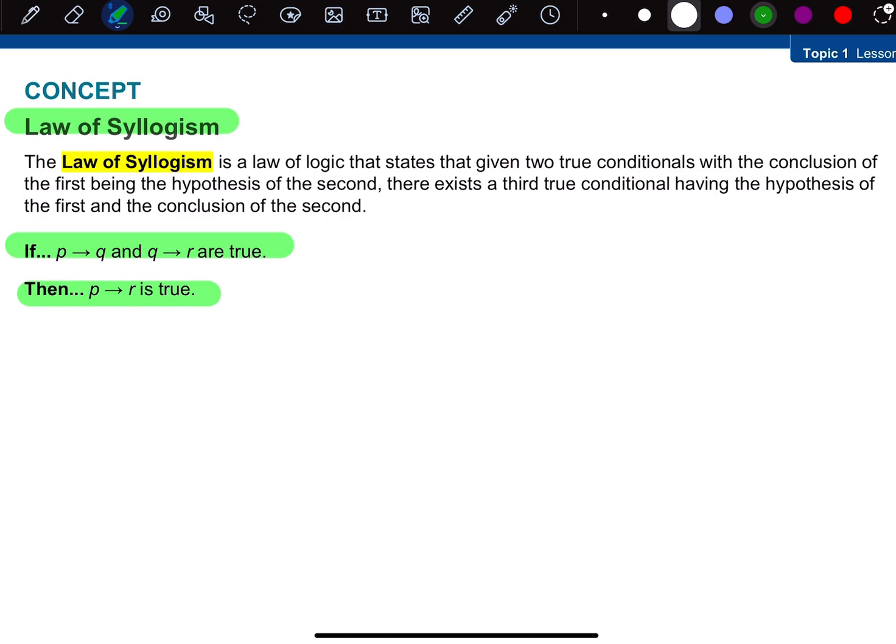Law of syllogism: if P then Q and if Q then R are true, then if P then R is true. So now we're adding a third concept into the mix. Make sure you have that written down.